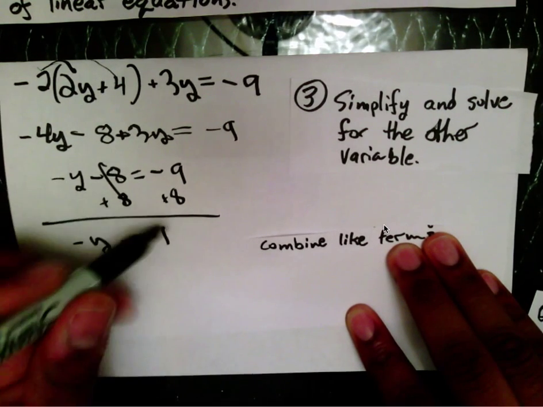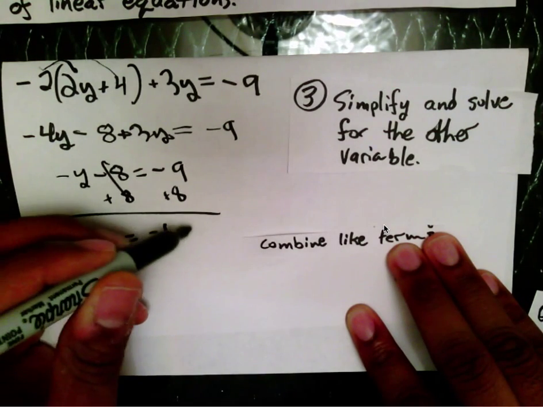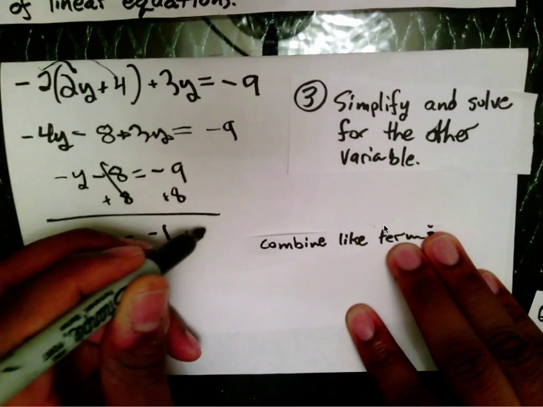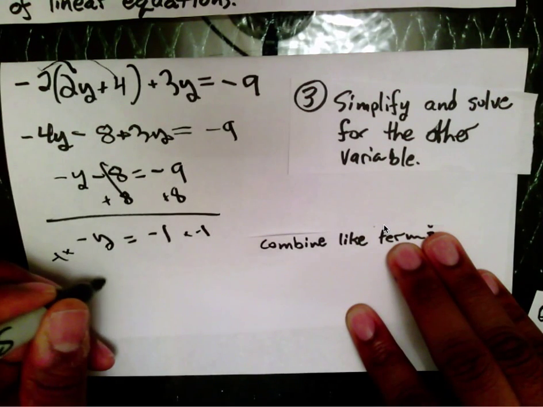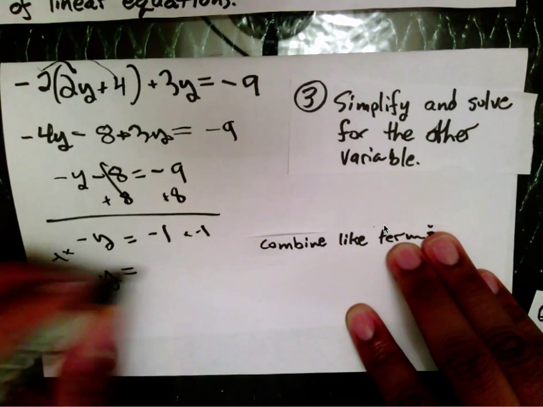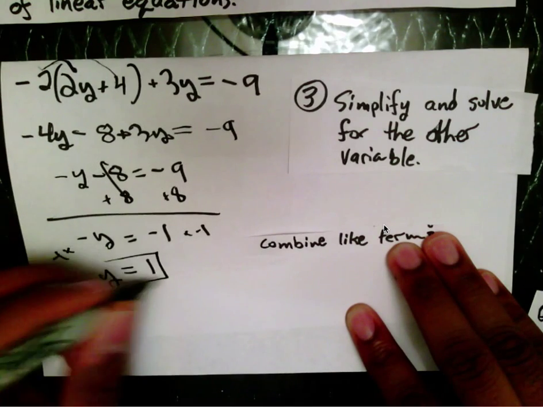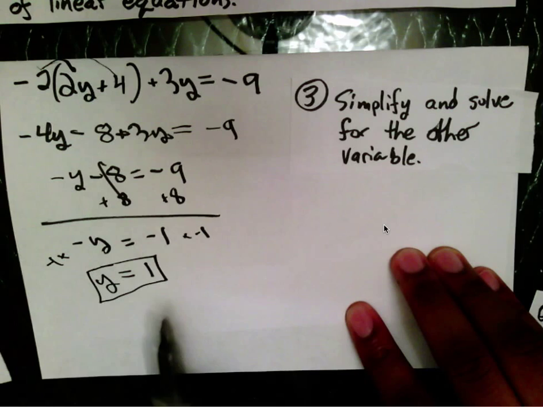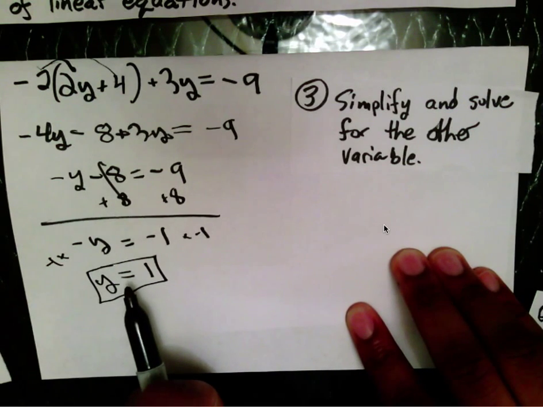So I just multiply both sides by negative 1, and that gives me y equals 1. And so now I solved for y.